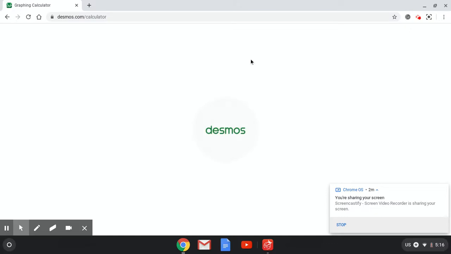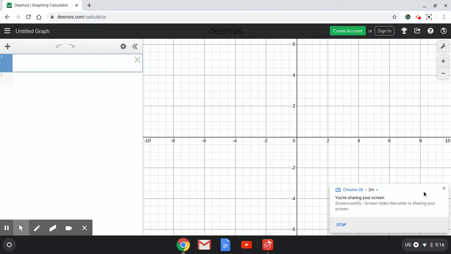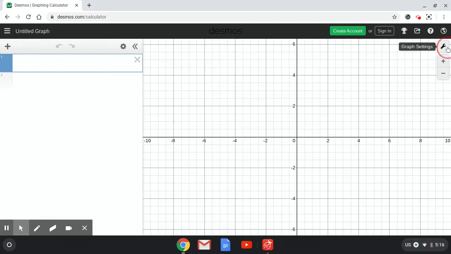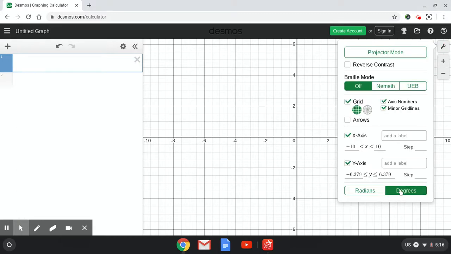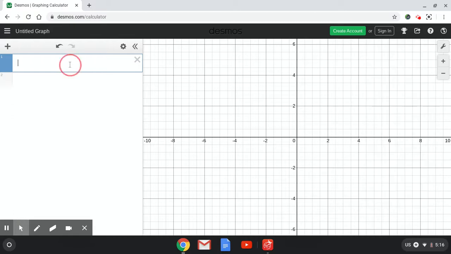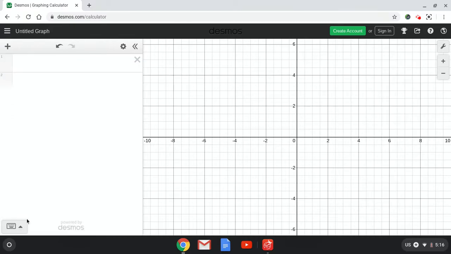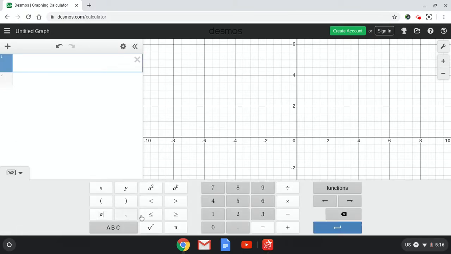When you're on Desmos, you shouldn't have to worry too much about degree mode, but we'll go ahead and change to degrees. So for this first one, we wanted pi times 10 squared.